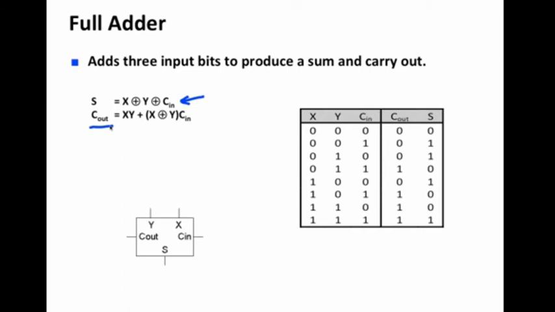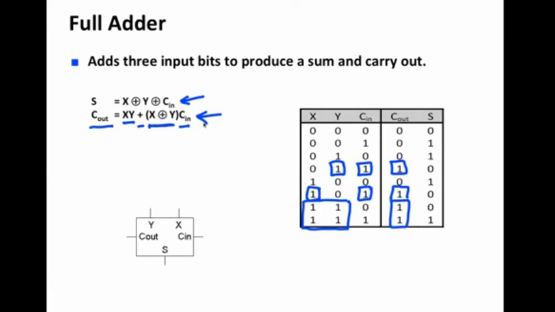The Cout expression is a little more complicated. Cout is 1 whenever X and Y are 1, or when Cin is 1 and exactly one of X or Y is 1. So either X is 1 and Y is 0 when Cin is 1, or Y is 1 and X is 0 when Cin is 1. So those are the 4 cases where Cout is 1. So this expression handles Cout.